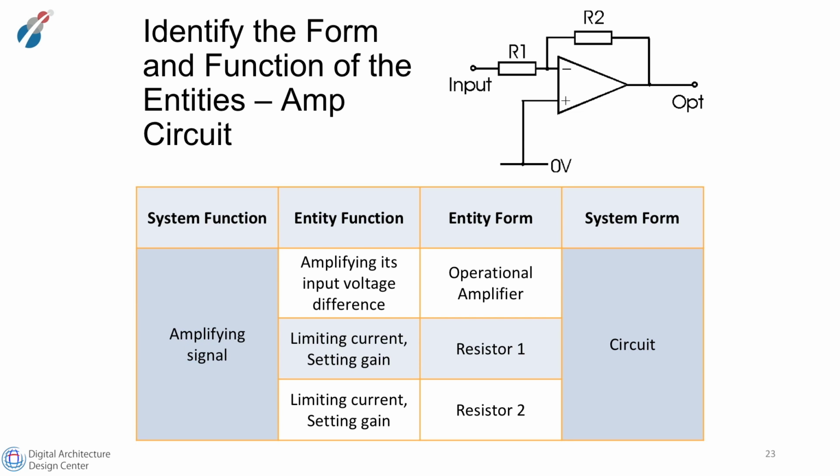So the difference between the two terminals is being amplified. We have two resistors, and the function of a resistor is, of course, to limit the current and set the gain. How much amplification are we going to get out of the circuit, which is a function of the ratio of the resistors R1 and R2. And so now we're starting to decompose the system, and each entity of form of the system has its own subfunction.